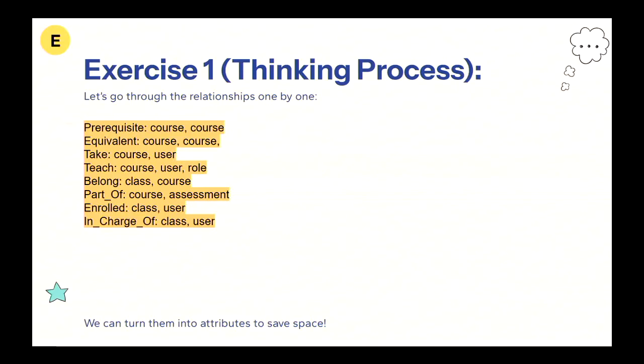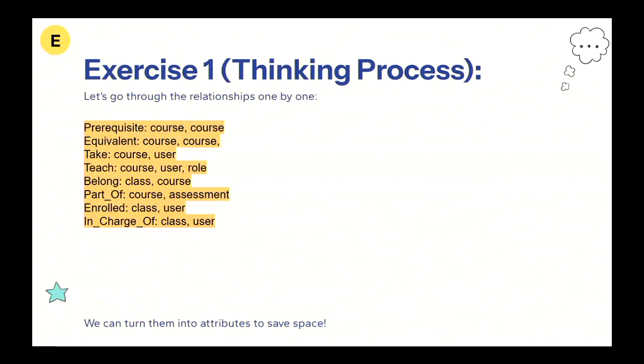What about belong? Course and classes. Can we optimize this relation? Actually, the answer here is yes, because a class is redundant if it is not attached to any courses.